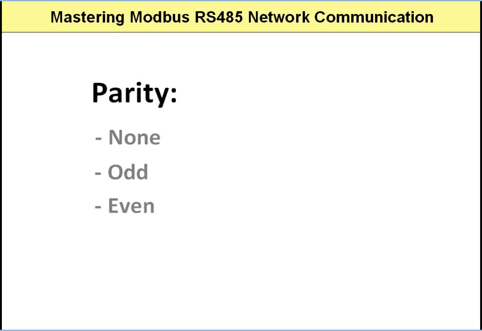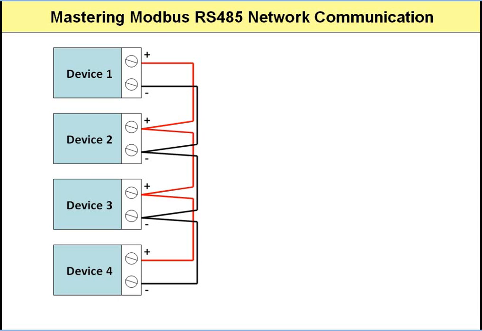So that's what those parameters look like, and those are the choices you have for those various configuration parameters. If we take the RS485 network in the previous example, all 4 of these devices should have the same settings for their port configuration parameters.